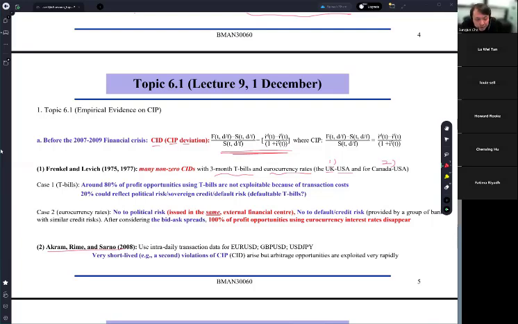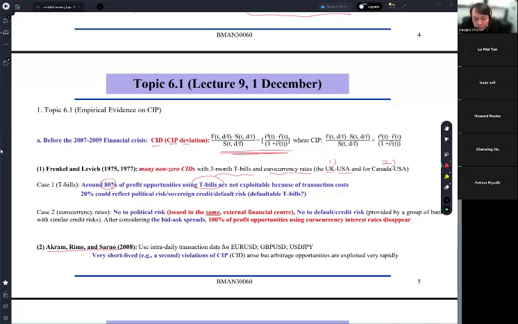First of all, for the T-bill case, they found that once we take into account the bid-ask spread for the spot exchange rate, forward exchange rate, and T-bill, 80% of the profit opportunities will be gone. What about the other 20%? They said for T-bills, in order to buy a T-bill, you have to invest directly into each country's money market.